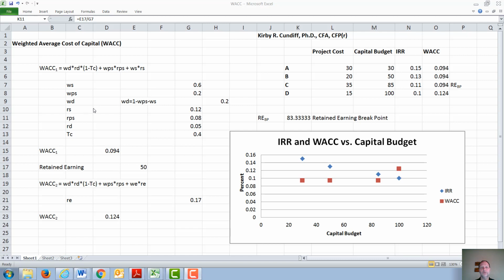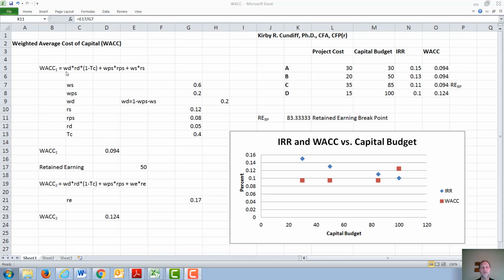We consider the cost of retained earnings of 12%, the cost of preferred stock of 8%, the cost of debt of 5%. Notice as risk increases here, the cost of financing increases, and a typical corporate tax rate, federal plus state, of 40%.